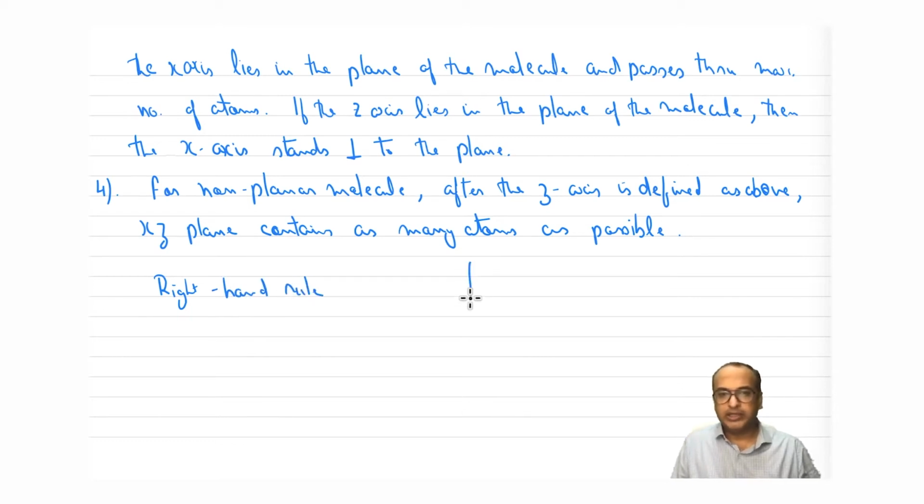If you have this as your z, which is oriented along the thumb of your right hand, and this is your index finger, then that goes as x, and the middle finger points towards the y-axis.